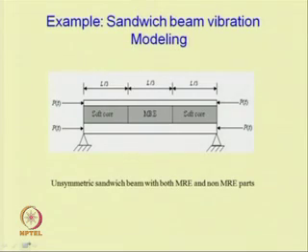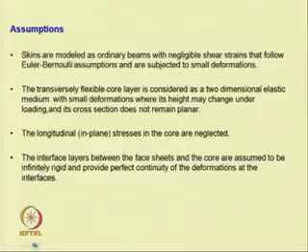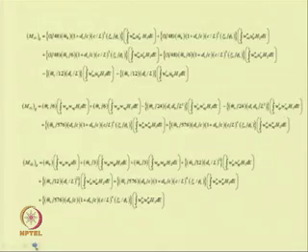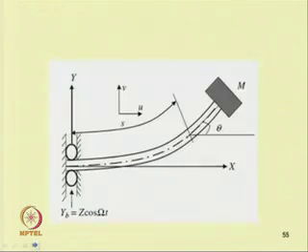In this exercise problem, you can derive the equation of motion for a sandwich beam, or you can derive the equation of motion of some other systems like a cantilever beam, base excited cantilever beam, where the base motion can be given by Z1 cos omega t and Z2 cos omega 2 t.